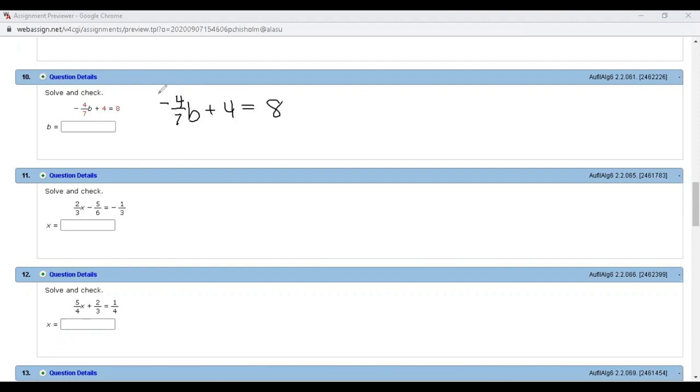So if we multiply the whole equation by 7, of course, this would just be negative 4b. Then our plus 4 will now be plus 28.